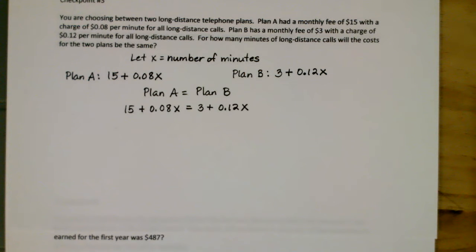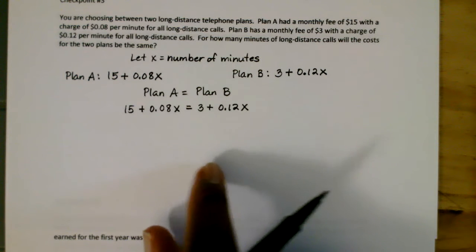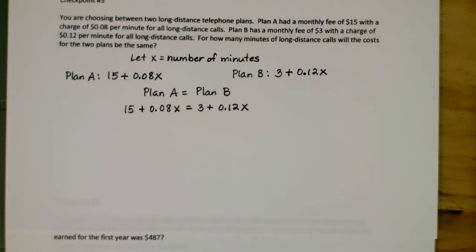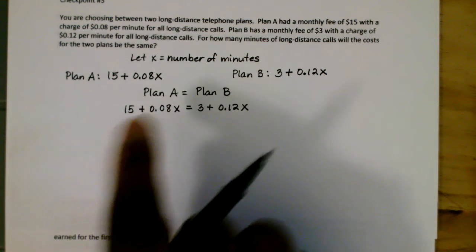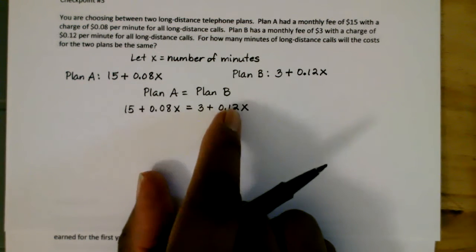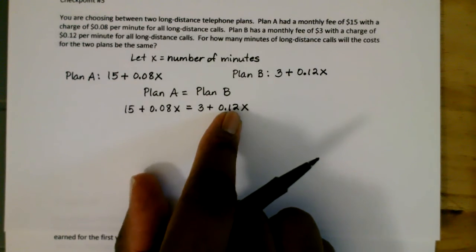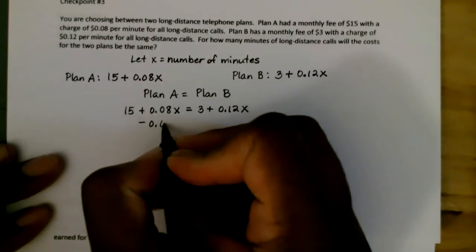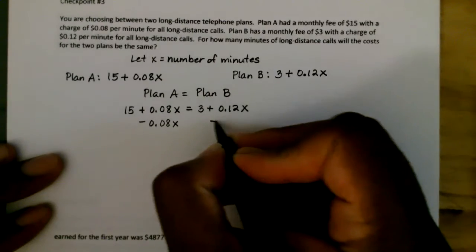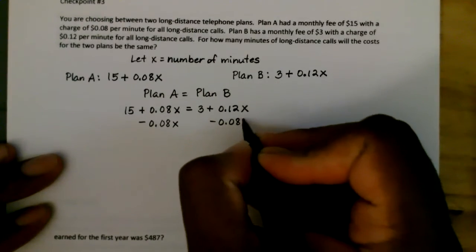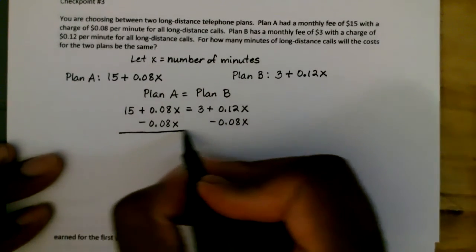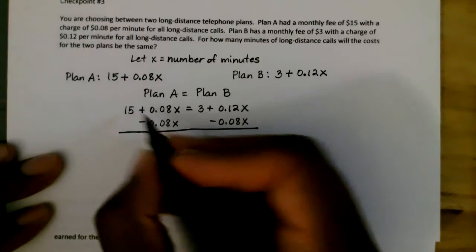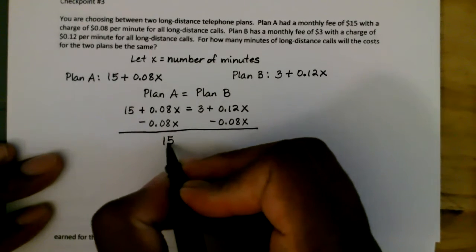All right. In this case here, let's try to get the variable terms on one side of the equation. And let's see here, I'm going to move the 0.08x over to where 0.12x is. Now I'll do that by subtracting 0.08x on both sides. And when I do that, I'm just going to have 15 on the left side.